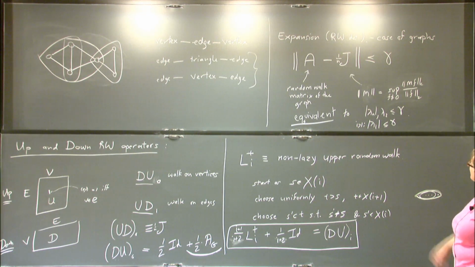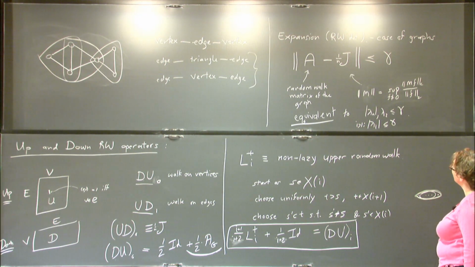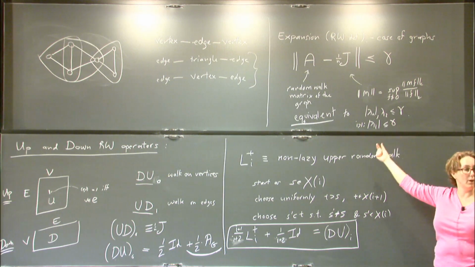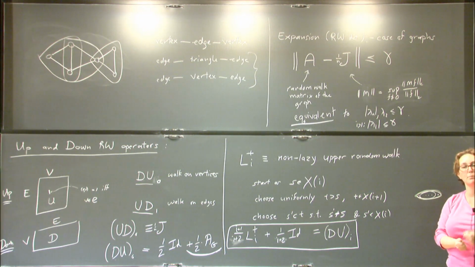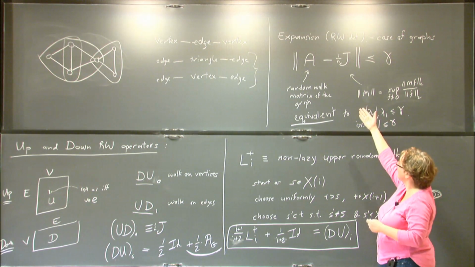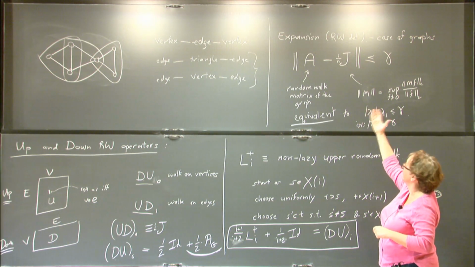Okay, good. So now going back to the definition of expansion for graphs, what I want to say is L plus at level 0 is exactly the random walk matrix, because it's the non-lazy thing. From a vertex, you go to a random neighbor. You don't stay with probability 1/2. So this capital A, I could replace it by writing L0 plus.